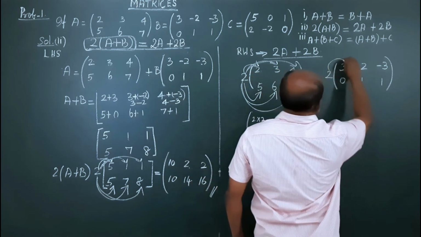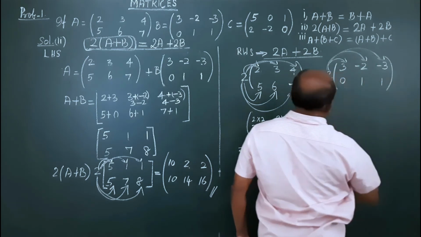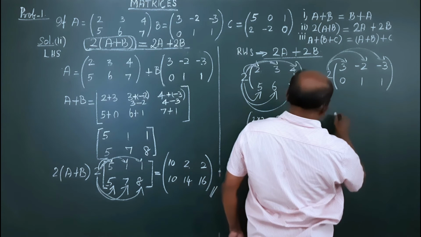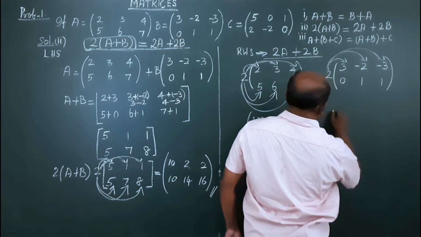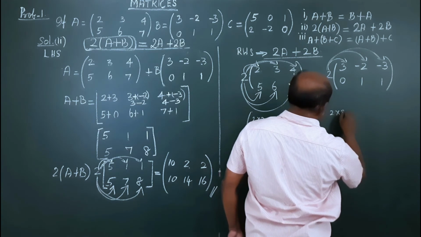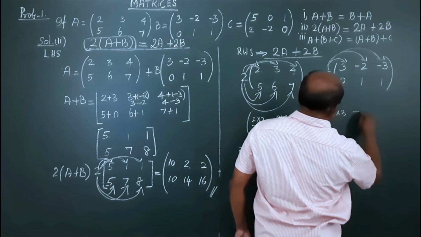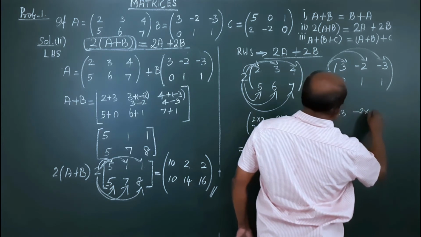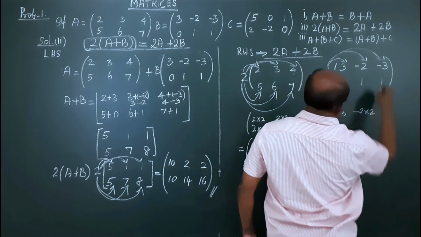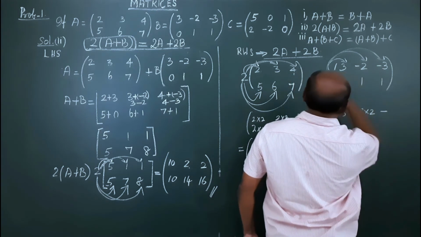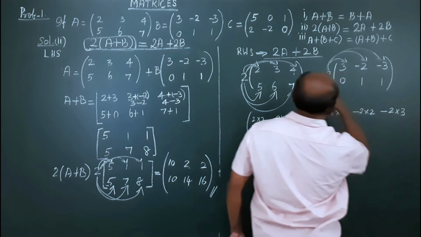2b, that is, this is multiplied with every element in the b. That is 2 into 3, 2 into 3 plus into minus, minus, 2 into 2 plus into minus, minus, 2 into 3.